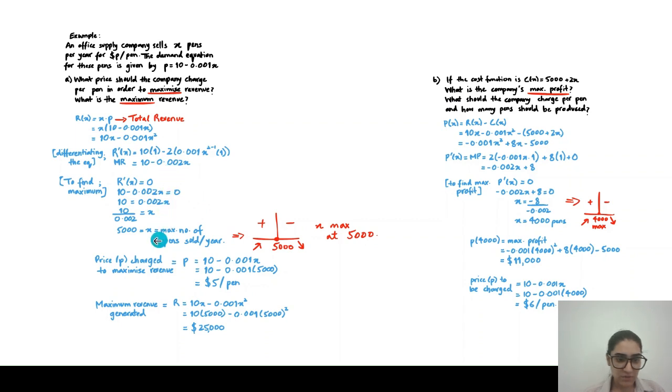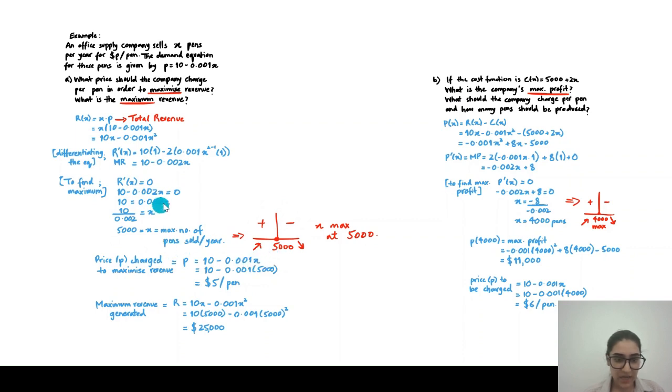0.02x. And as implied before, to find the maximum, we equate our derivative to 0. As we equate it to 0, we get 5,000, which is our x, or the maximum number of pens sold per year. Now, to make sure that 5,000 is the maximum number that can be produced per year, we can do a simple derivative test. Here we have 5,000.